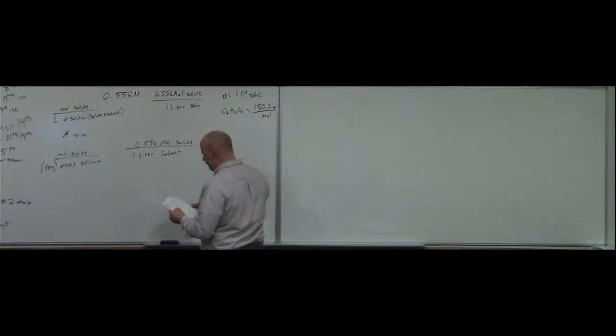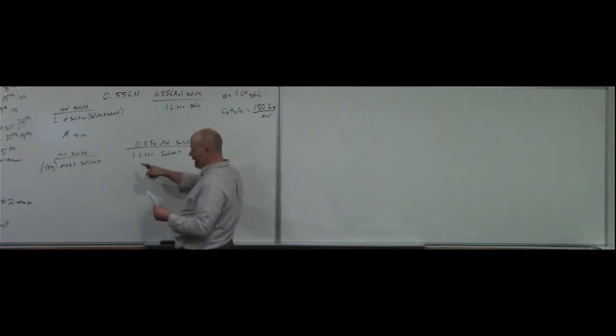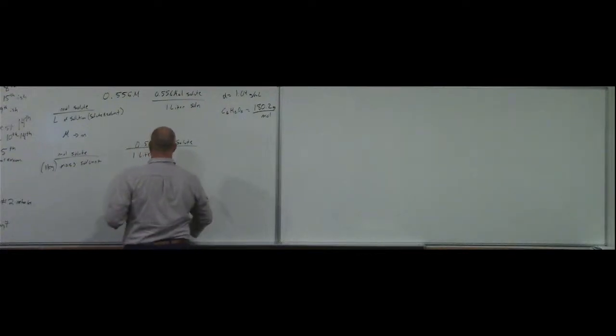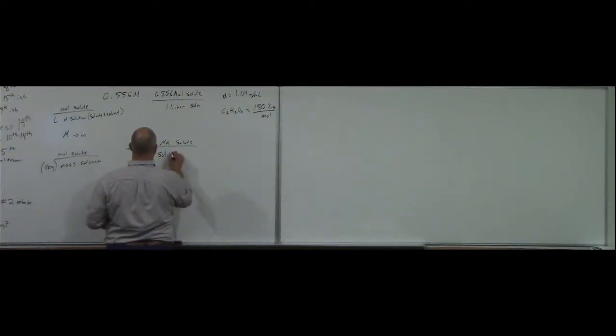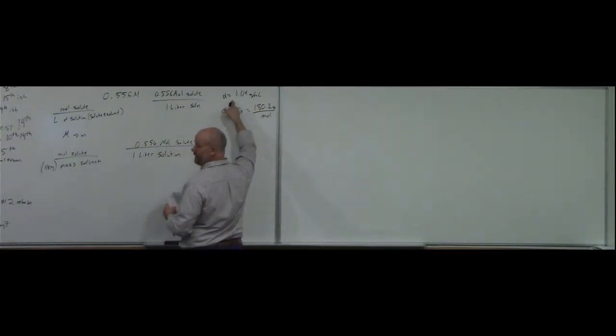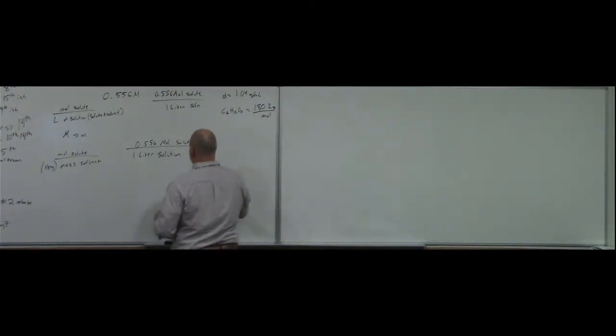All right, so we want to compute the mass of 1 liter. Oh, I did this wrong. This is of solution. We want to know the mass of this, right? Of 1 liter of this. To do that, we got to know the density, right? So this is over 1 liter.